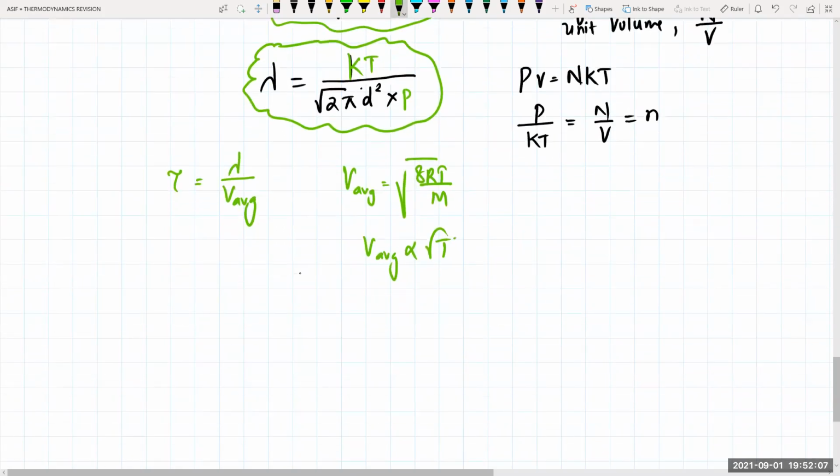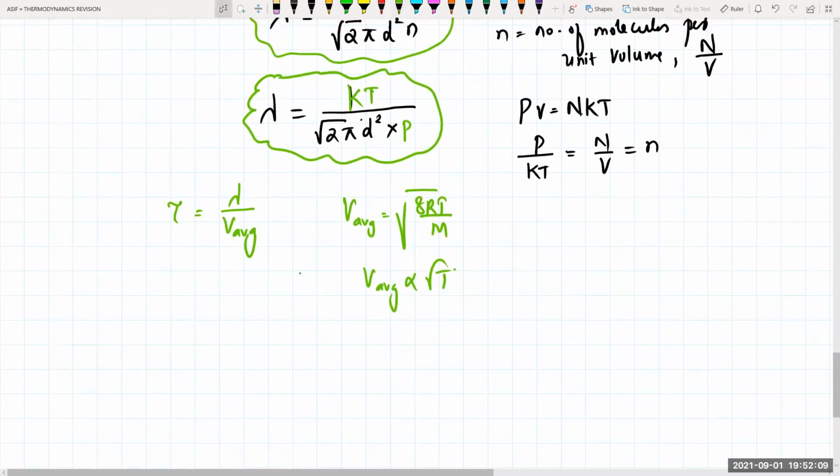So if I'm writing the time of collision, tau will be equal to lambda divided by V average. Lambda value I already got. In terms of temperature, tau is proportional to absolute temperature T divided by pressure P, because everything else becomes a constant.